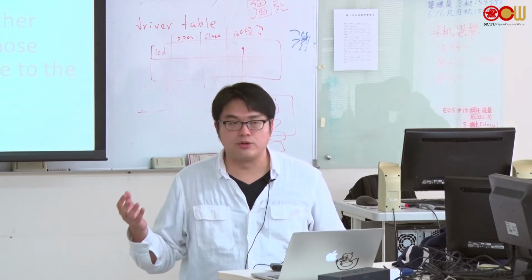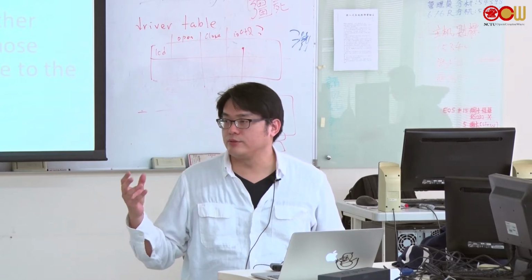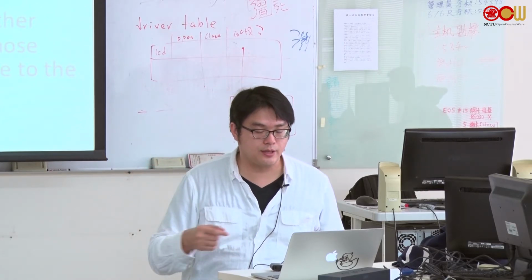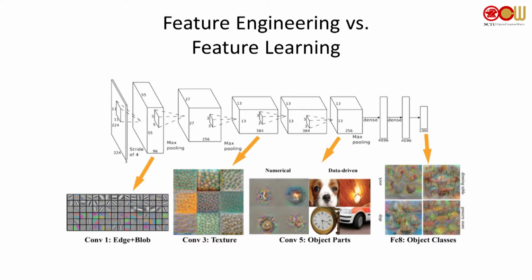There are lots more. In fact, before deep learning came out, feature engineering was the mainstream of the computer vision community. But later on, since maybe 2009 or 10, people started to use deep learning to learn the features from data.